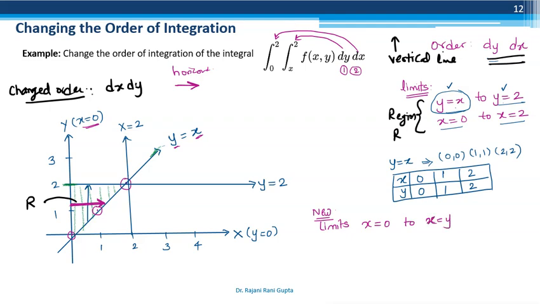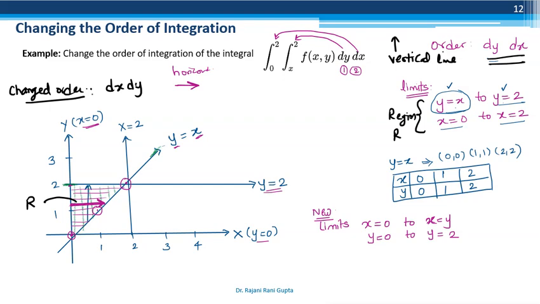Okay, and then this region is now from bottom to top. So here the value of y is 0, and at this point the value of y is 2. So the limit for y is from 0 to y equal to 2. So these are your new limits.